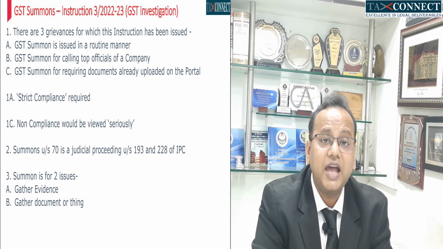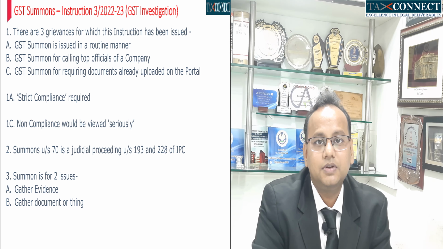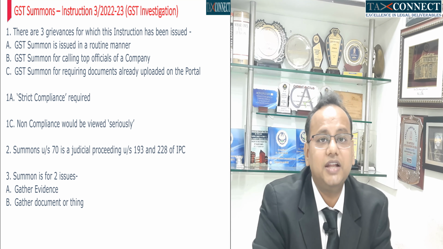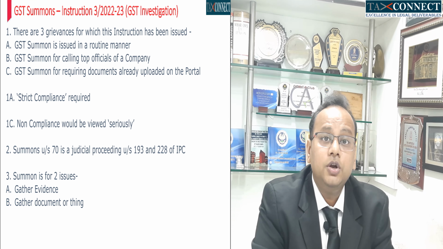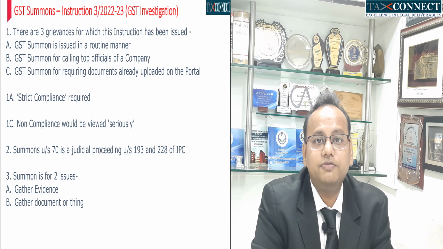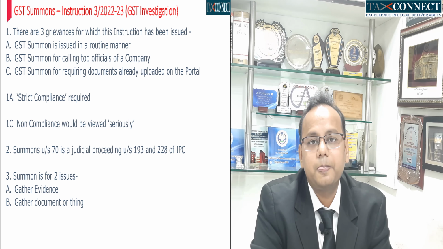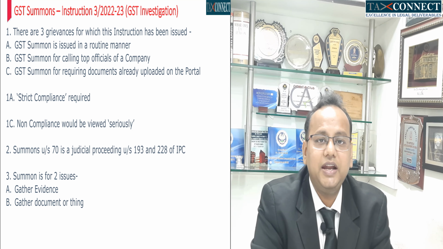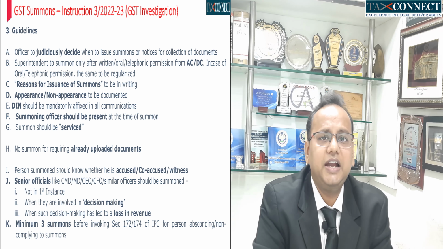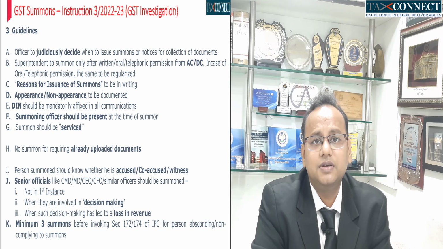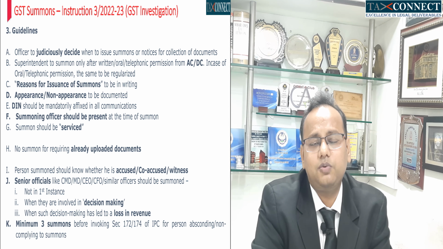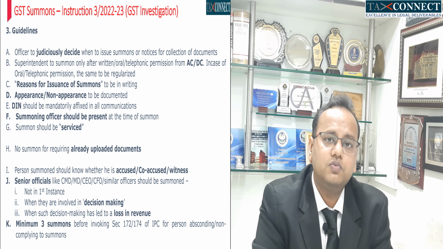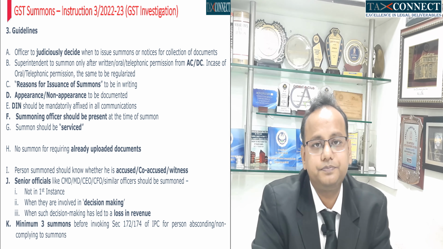First, to gather evidence, even oral evidence, and second, to gather documents or information. Now, to take care of these 3 issues raised by the trade and industry, 11 guidelines under summons in GST have been issued via this Instruction 3/22/23, which we will discuss one by one.